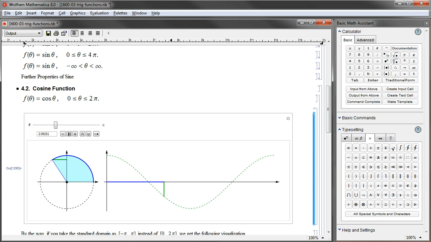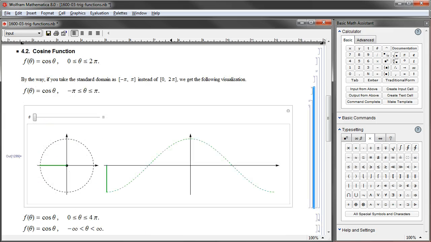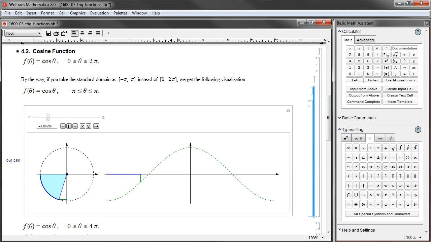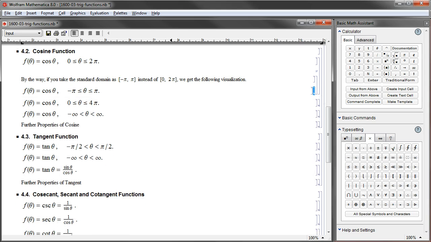And by the way, this is the same graph if you draw it from negative pi to positive pi, just for fun.